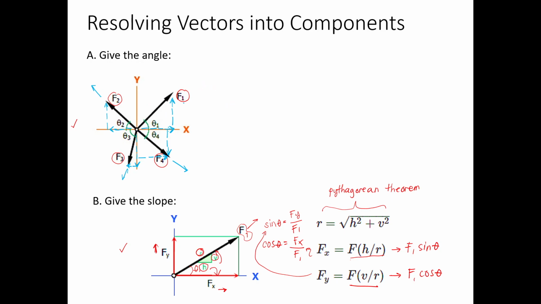So this will be a five-sided polygon. So let's say force one, then force two, and then you have force three, then force four, right? Then you have the resultant force.